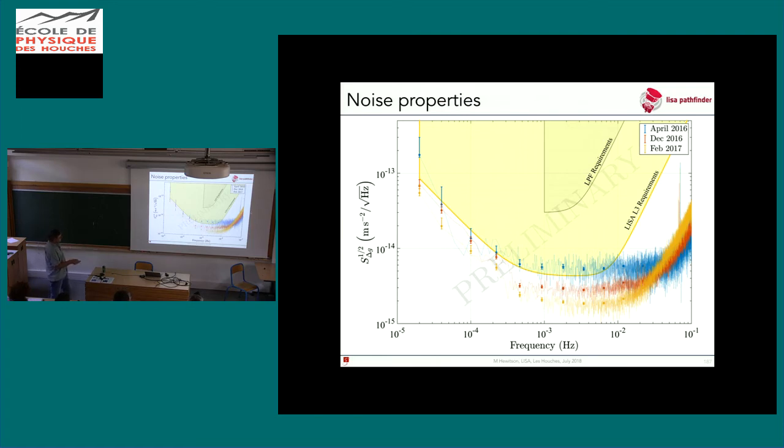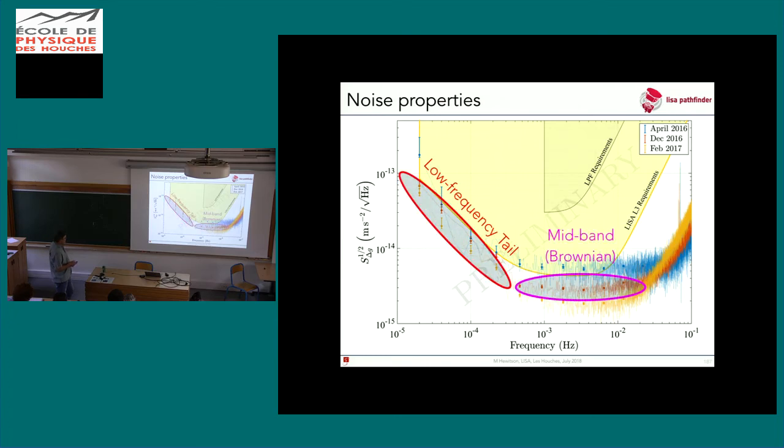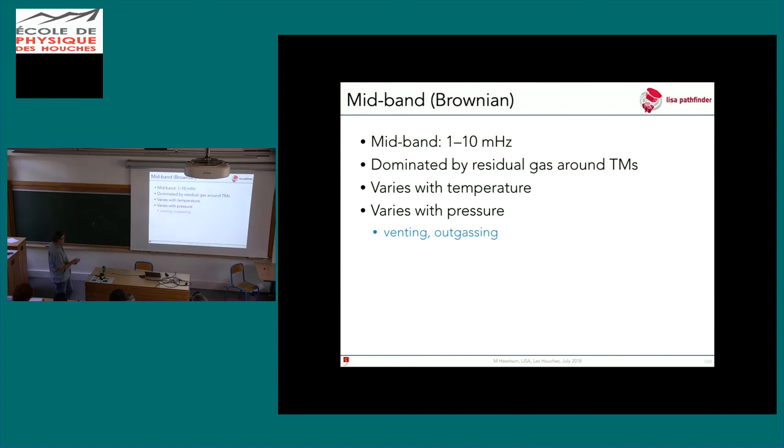You have fluctuations at high frequency due to the way that we do these subtractions using the other degrees of freedom, and also slightly due to the performance of the interferometer, which has a slight variation in noise performance. At low frequency, there seems to be a reduction, okay, over time, but we haven't explained that yet. So we have this low frequency tail, we have this Brownian midband, this one, which is all due to the residual gas around the test masses. It varies with temperature, as you would expect, because the outgassing changes.